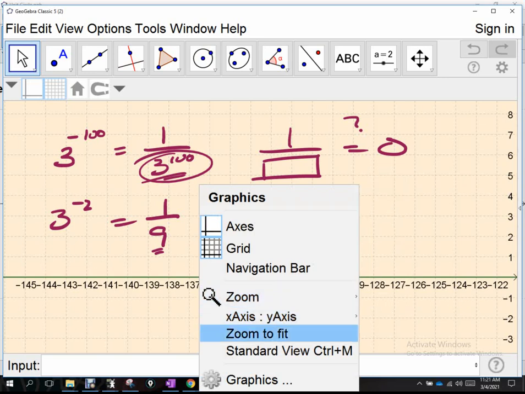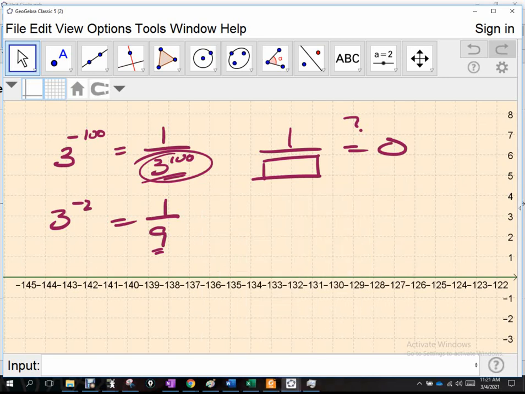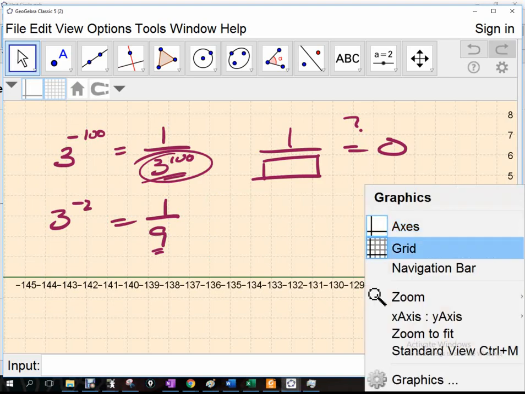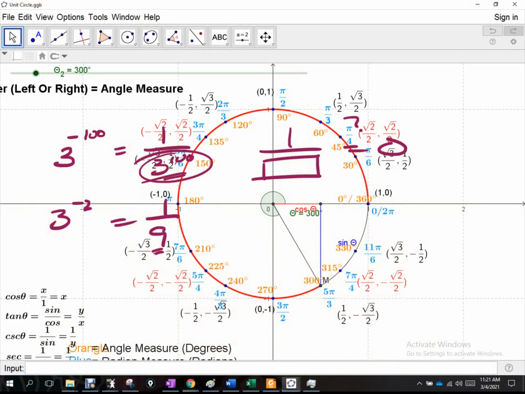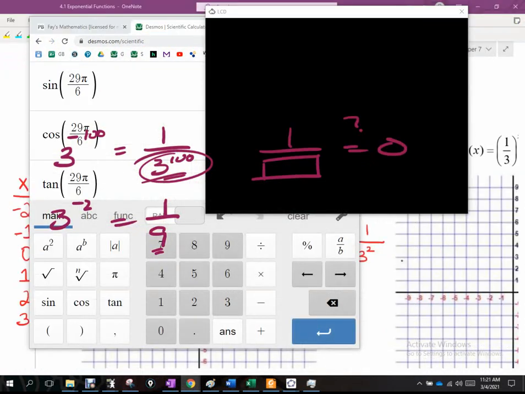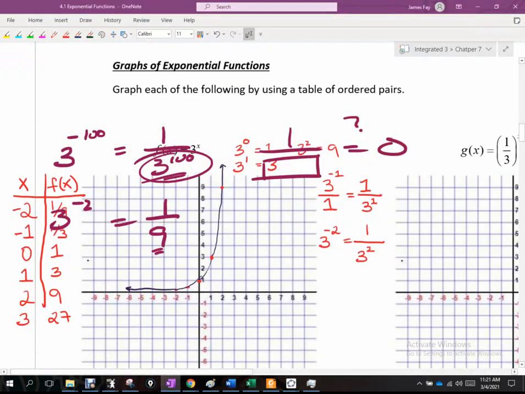The reason I talk about that in that amount of detail is because that relationship has a name. What we say is that the x-axis is an asymptote.